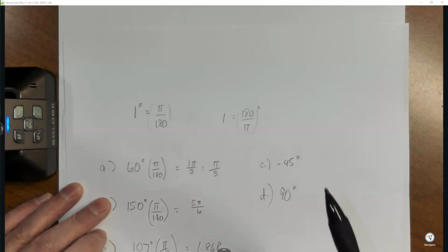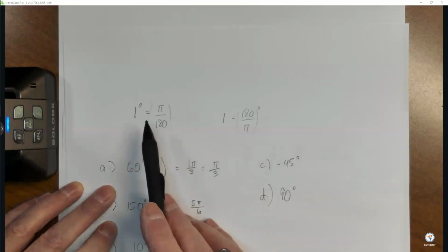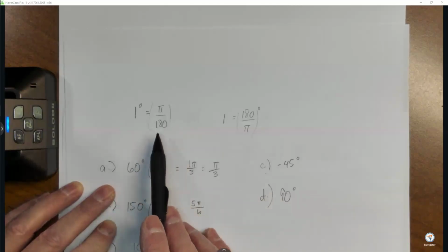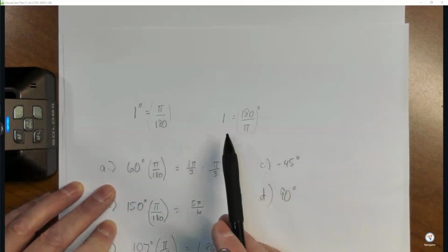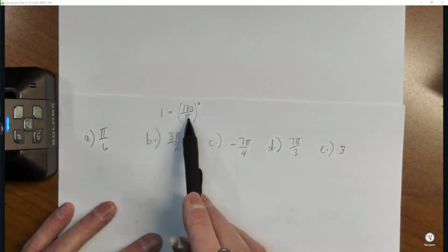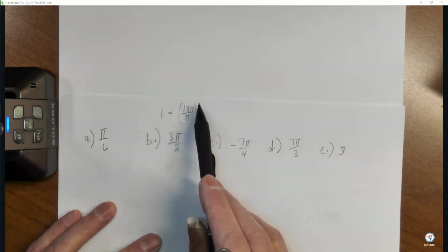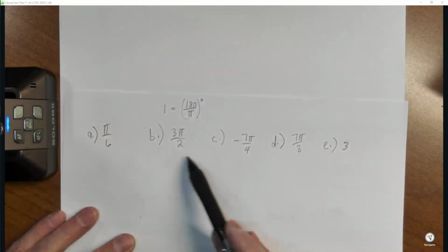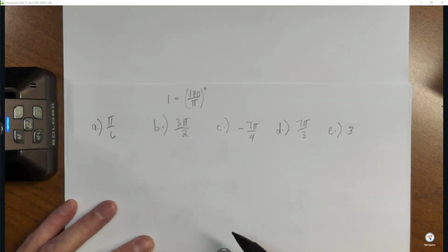Okay, so we've just looked at converting degrees to radians, using the fact that 1 degree equals pi over 180 radians. We're now going to go the other direction, using the fact that 1 radian is equal to 180 over pi degrees, to convert radian measures into degrees.